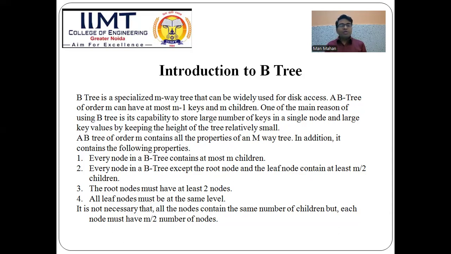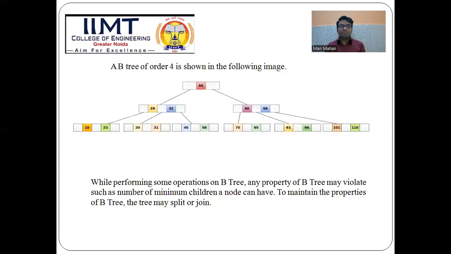Next, the root node must have at least two children. All the leaf nodes must be at the same level. It is not necessary that all nodes contain the same number of children, but each must have at least M by 2 keys.